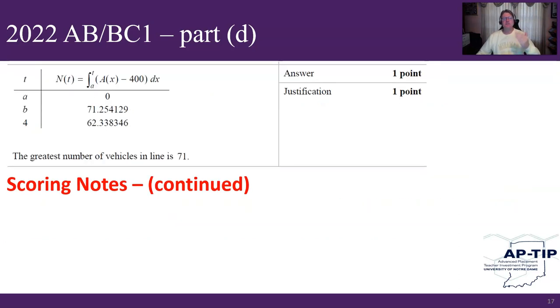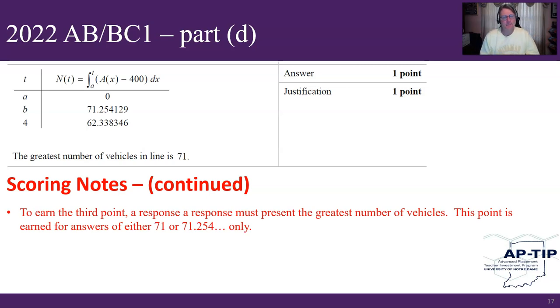Now, as far as the second 2 points of Part D, in order to earn the third point, a response must present the greatest number of vehicles. So we have to draw attention to that. This point is going to be earned for answers of 71 or 71.254. Any decimal places beyond that are going to be ignored.